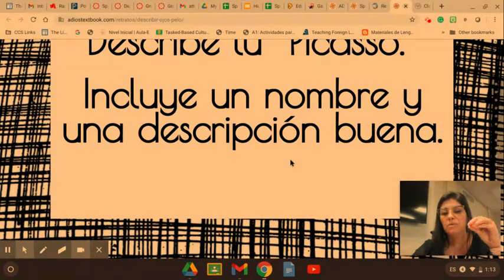Remember, una buena descripción is going to include descripción de los ojos, del pelo, the correct verb tiene. There has to be a verb to create a sentence. The correct adjectives, like the colors, have to match what you're describing. If it's pelo, ojos, the number and the gender have to be correct.